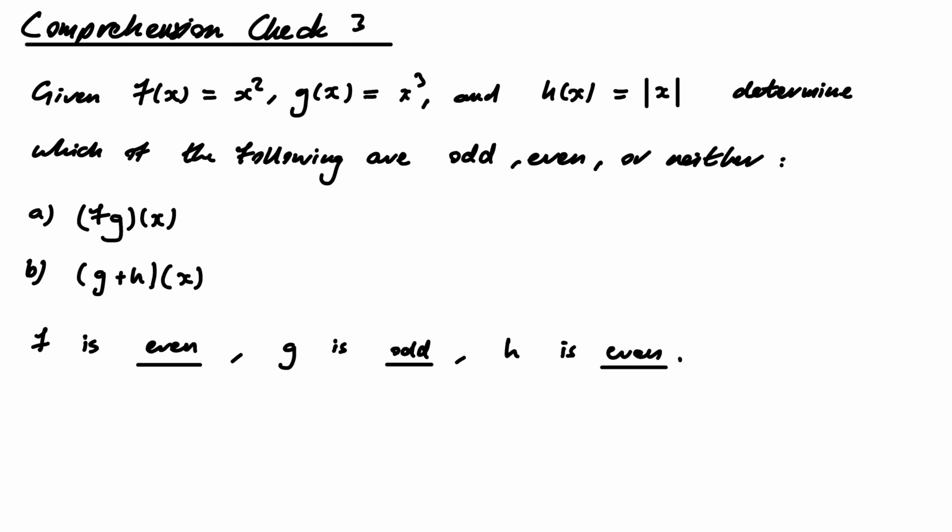So the first one, fg, is a product of an even and an odd function. What does that mean? The product of an even and odd function is an odd function.